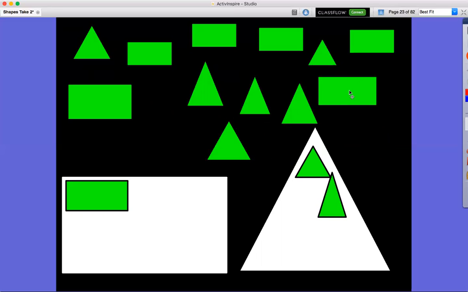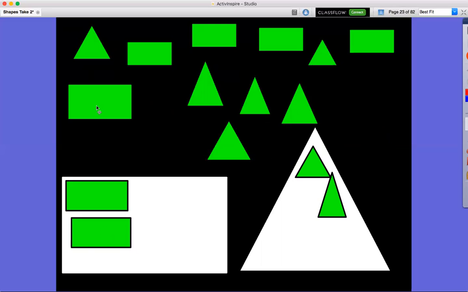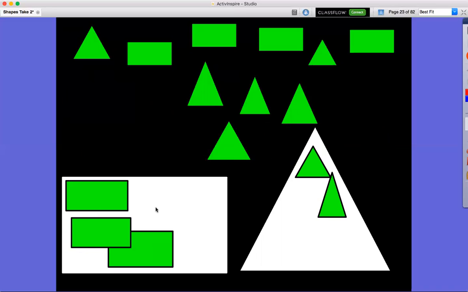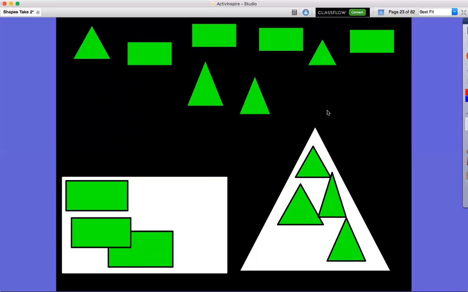Is that a rectangle? Yeah, that's a rectangle. It has four sides. What about right here? Is this a rectangle? One, two, three, four sides. Parallel. Yeah, that's a rectangle. Is this a rectangle? No, that's a triangle. Is this a rectangle? No, that's a triangle.